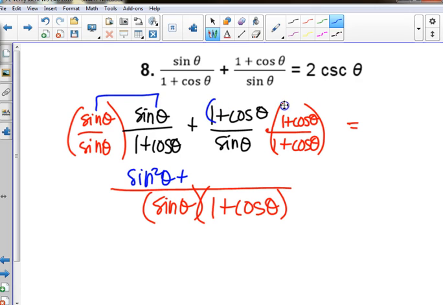What do I have to do over here, though? FOIL, so I get 1 times 1 plus a cosine plus another cosine, which you can call 2 cosine, plus a cosine squared. Oh, that's beautiful.